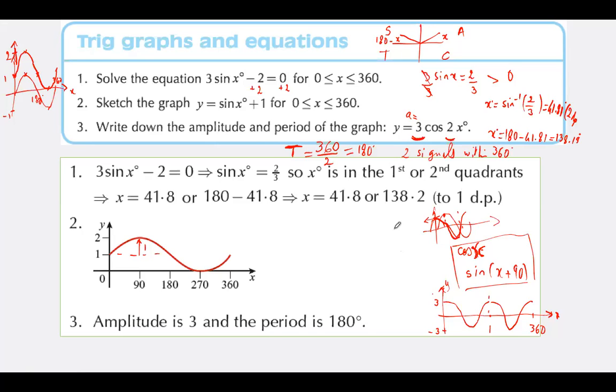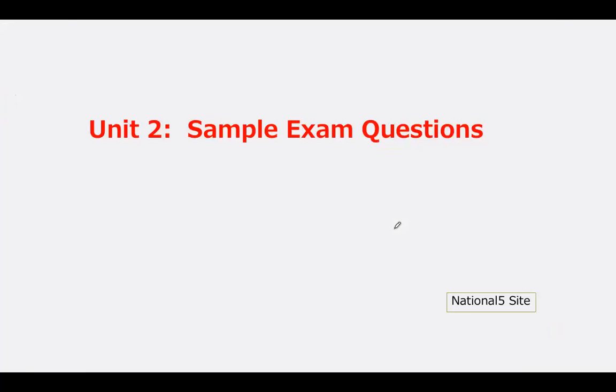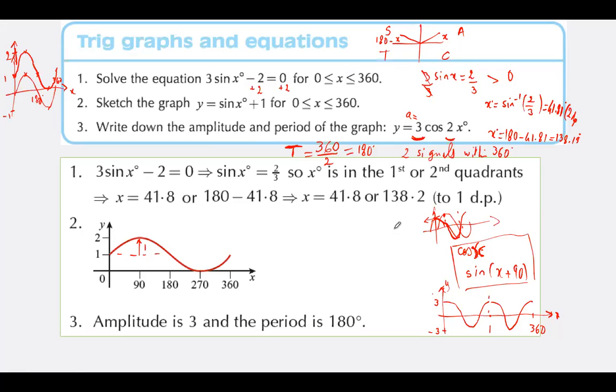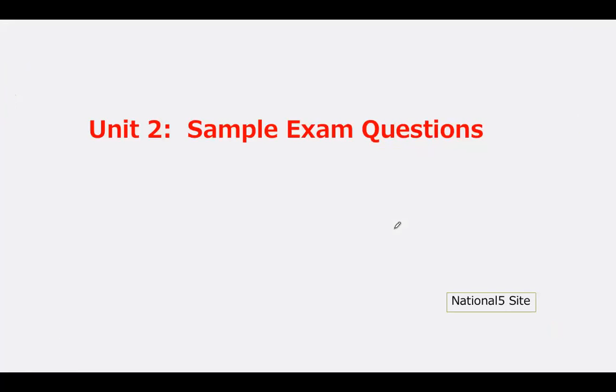So that was the different sample questions that we went through. If you were to go back right at the start, you can see sample exam questions. I've put a link there that would take you to more practice.